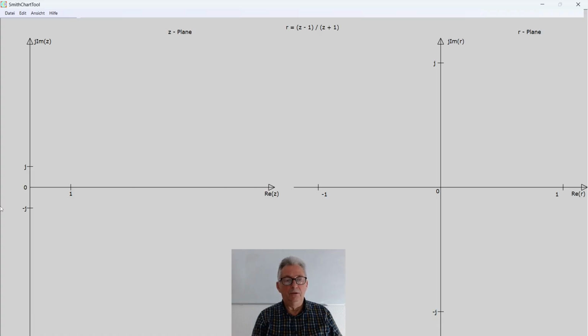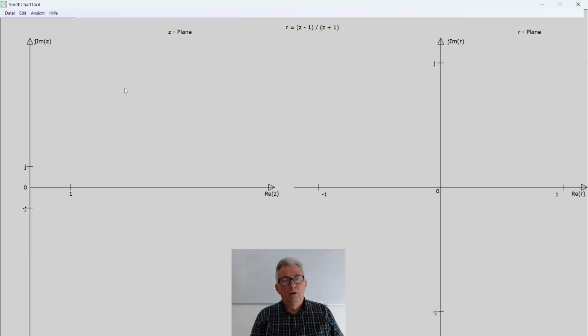Here we have the real axis of the Z plane, and here the imaginary axis, and here we have the value 1, which means this is the characteristic impedance. Normally the characteristic impedance is assumed to be real. Here we have the short circuit, a zero impedance, and here we have j and minus j.